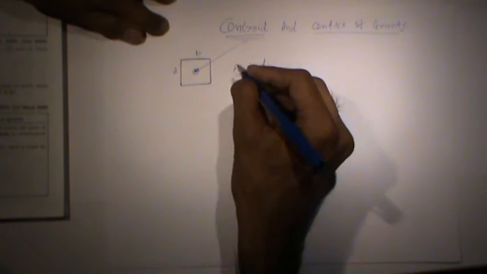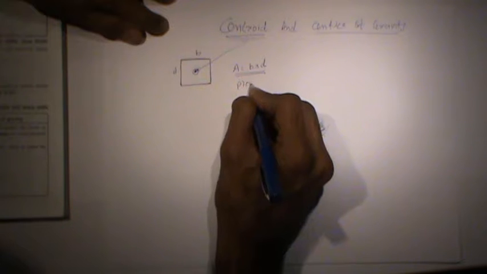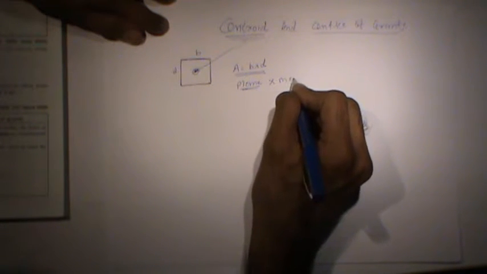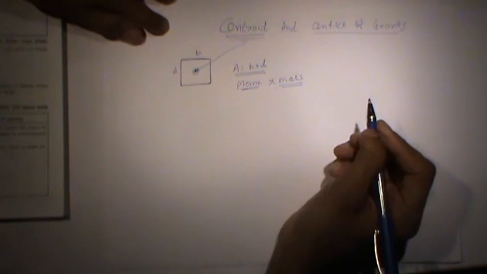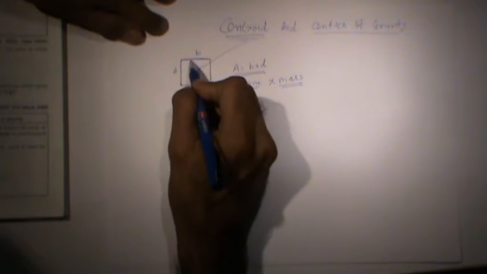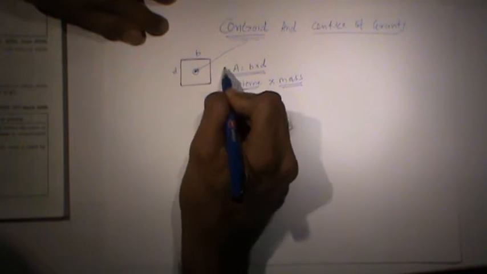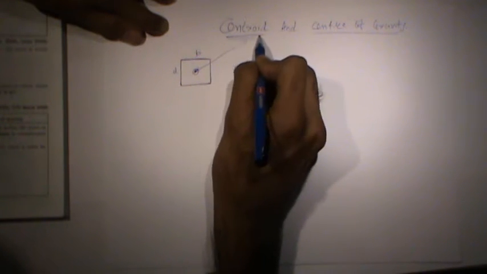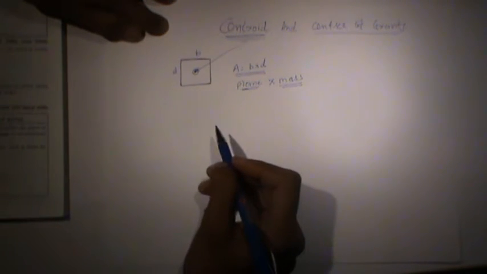As we are talking about the plane, it does not have any kind of mass. So whatever the area B into D, this area is concentrated on this point, that is known as the centroid.